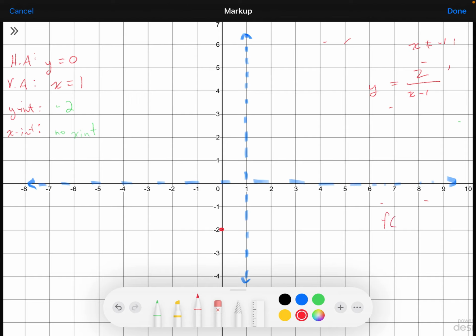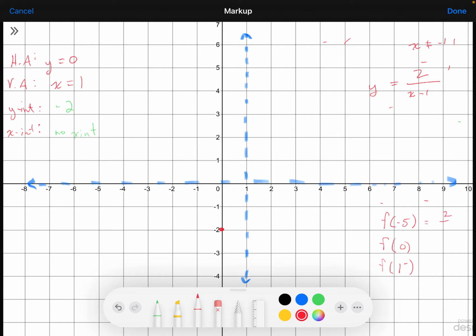I'm going to do the f of -5, the f of 0, the f of 1 negative. So I'm just going to plug in these values.